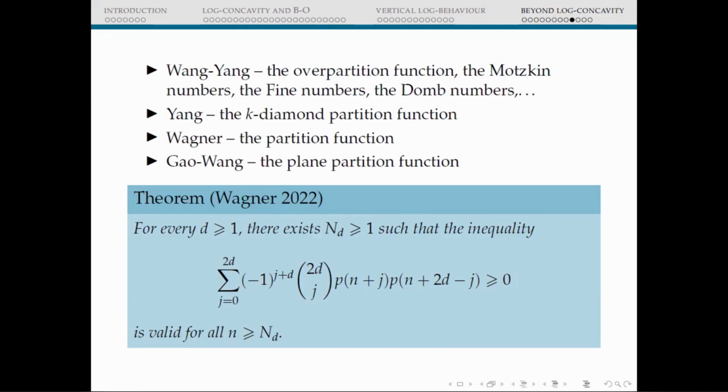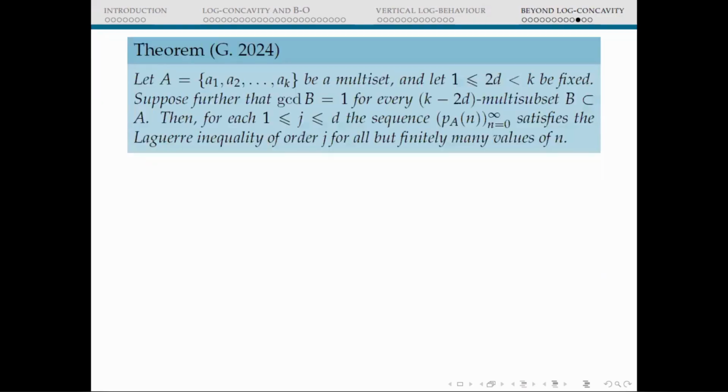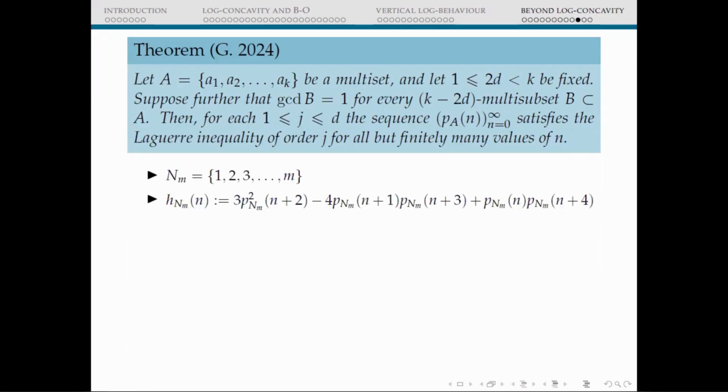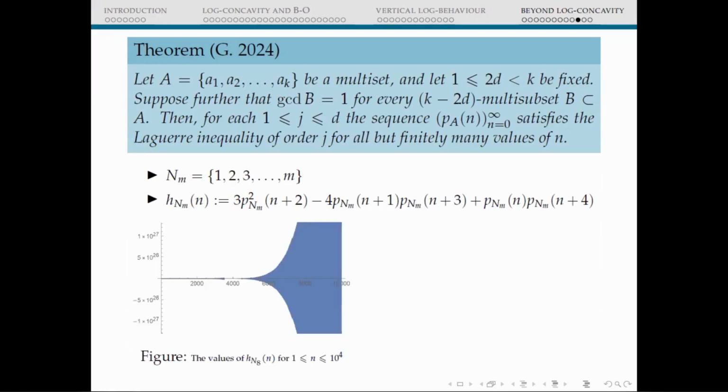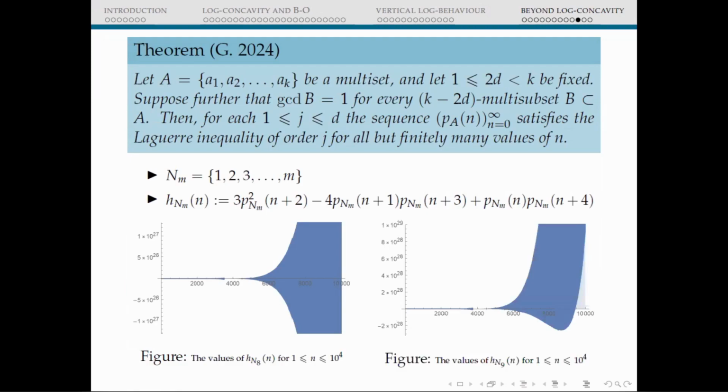So in the case of the A-partition function, once again, we have a very similar description as in the case of the higher order Turan inequalities, but with the difference that now we require that every k minus 2d multi-subset is coprime. And once again, it is not optimal, it's a sufficient condition. We have that if this holds, then for large values of n, we have the required property.